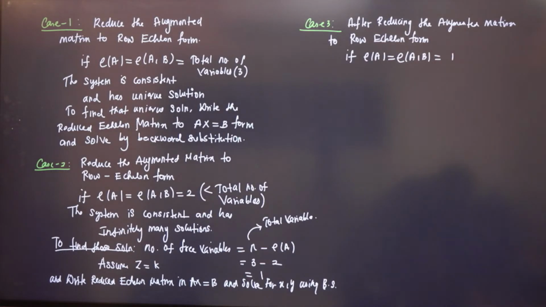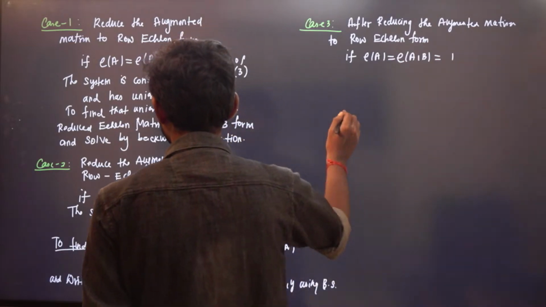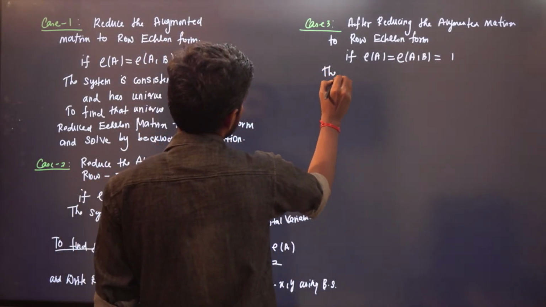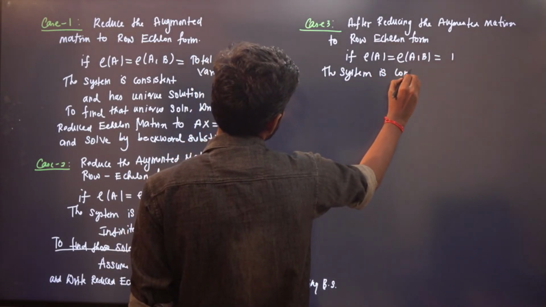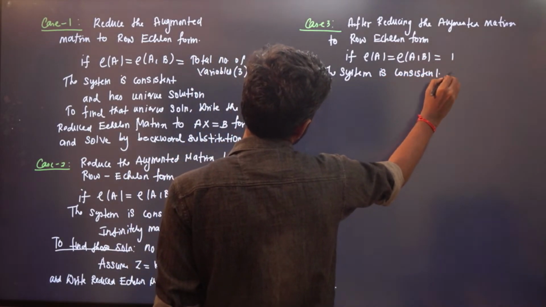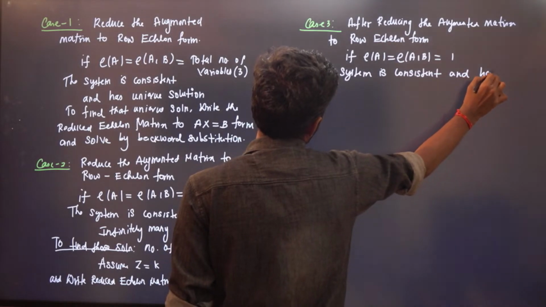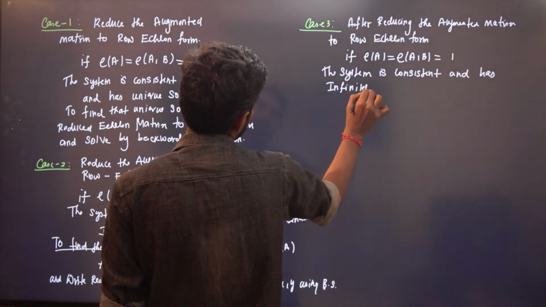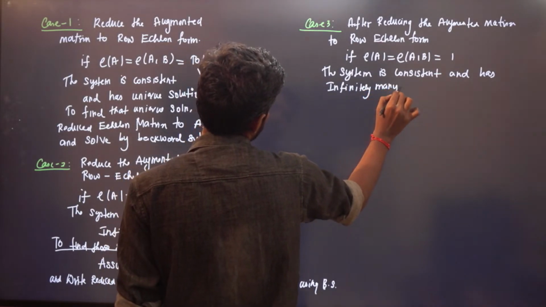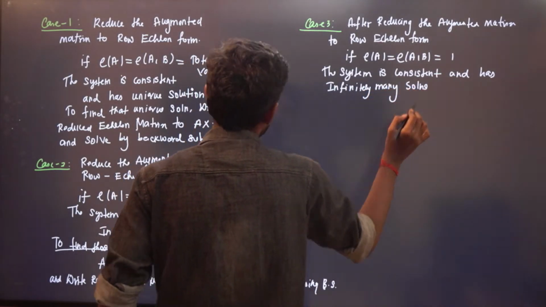If both are equal and less than the total number of variables, in this case also the system is consistent and has infinitely many solutions, right?